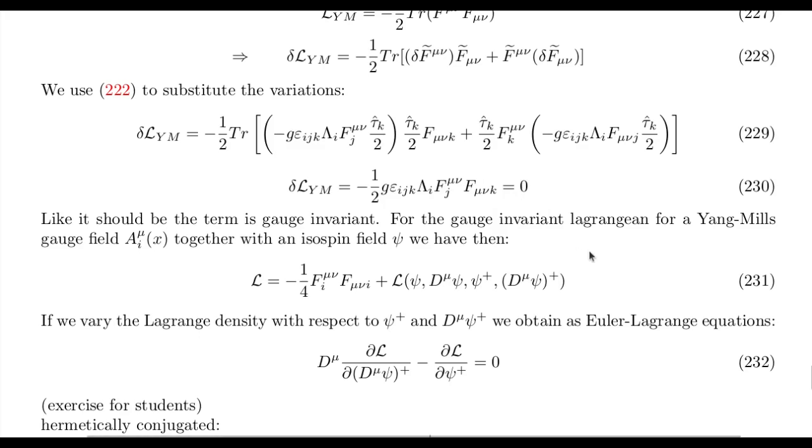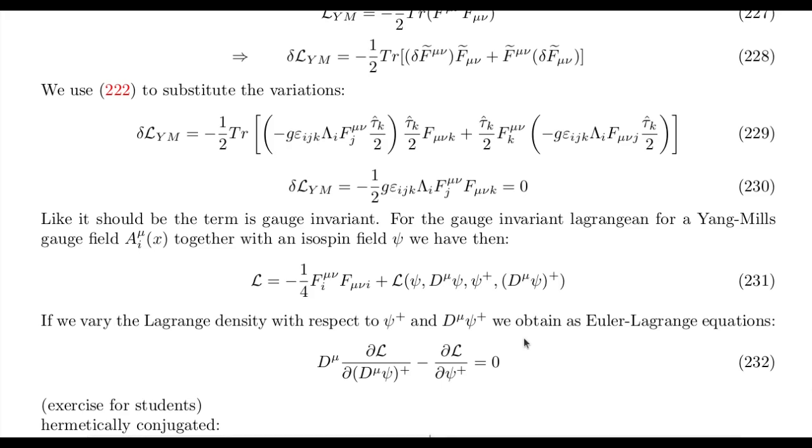And then we have for the Yang-Mills gauge field, together with an isospin field psi, this Lagrange density function, that's the same as in the electromagnetic case. Then we get the Euler-Lagrange equations if we make a variation calculation with the Lagrange density function.